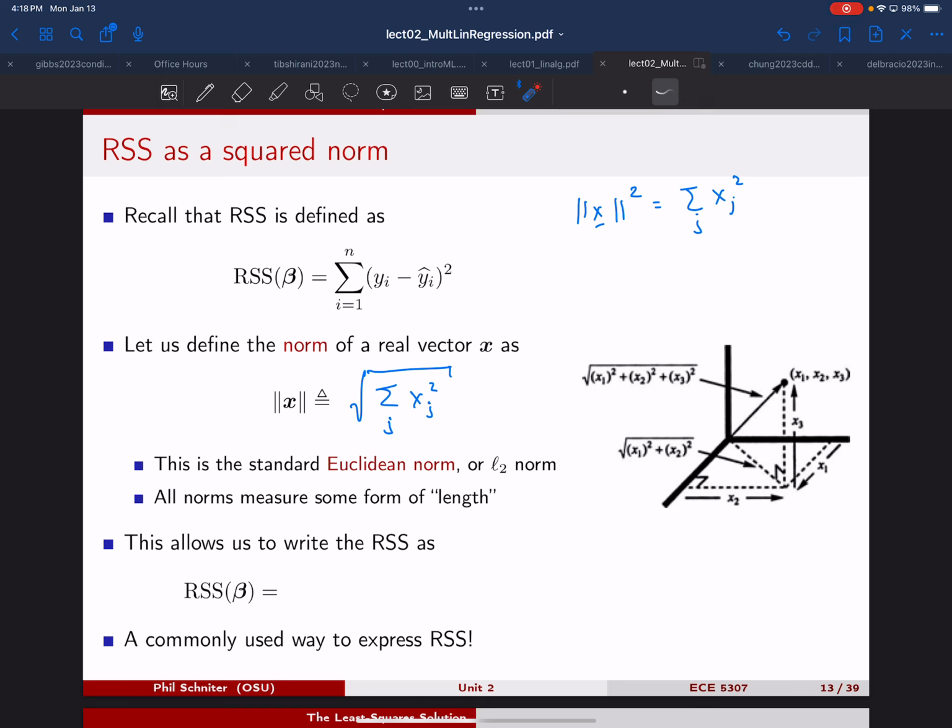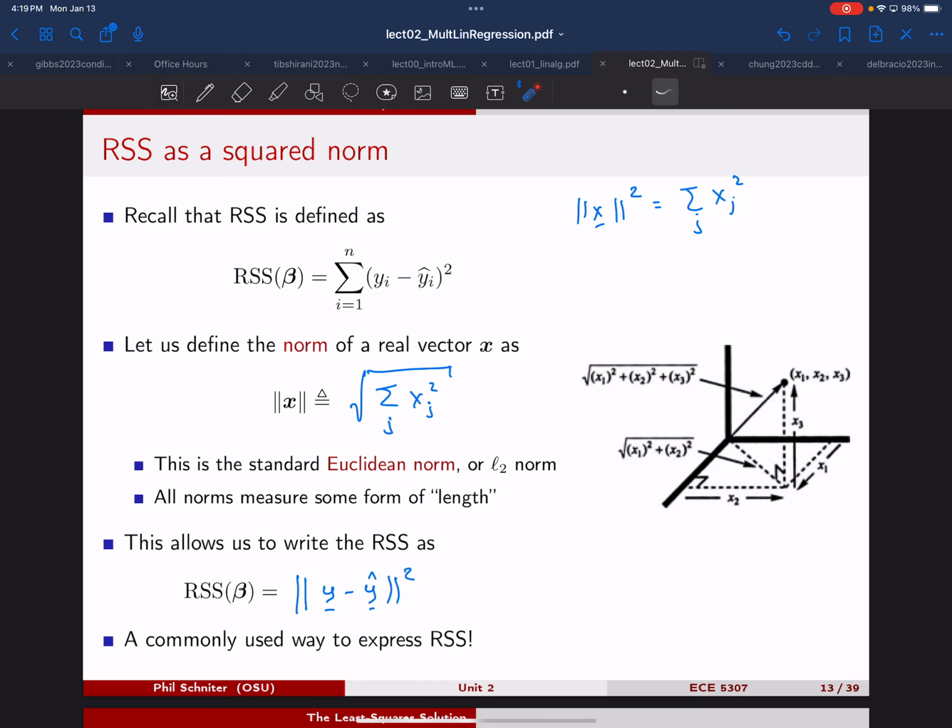Yeah, what do you think? Best guess, I was writing this down, would simply be the norm of y minus y hat. Exactly. It's a squared norm, because without the square we need a square root, but if I square both sides of this, then the square root goes away. So this is another way to write the RSS. It's maybe a little bit more elegant than with the sum, and sometimes we use it for different reasons. It gives us some intuition.